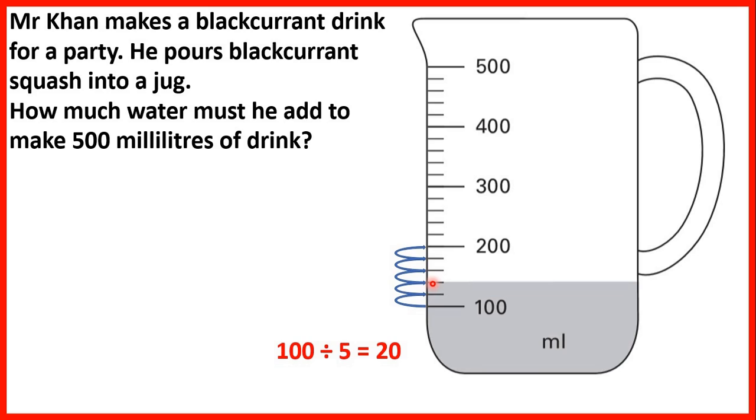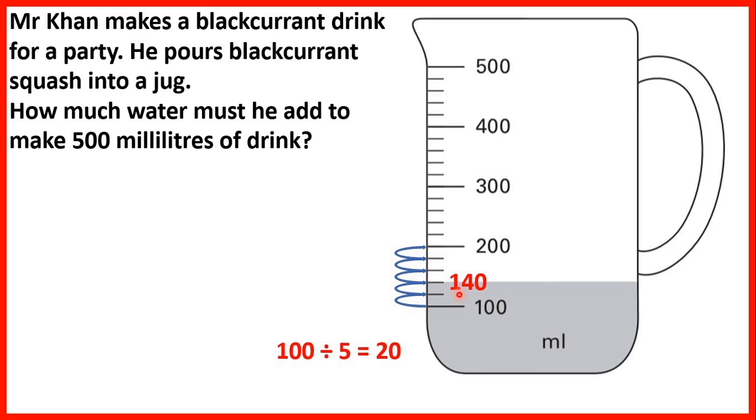So with each of these little lines, we have an increase of 20. So we have 100, 120, and then 140. To check that we've got this right, we could keep going. So we have 160 here, 180, and then another 20 takes us to 200.